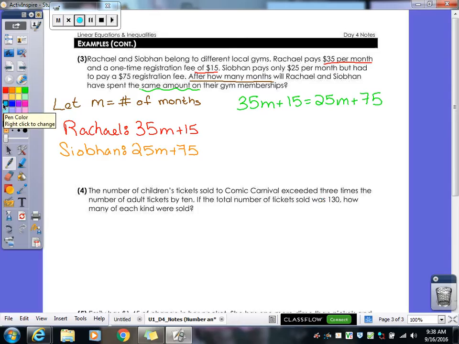So now I got to get my M's together. So 10M plus 15 equals 75. Now we want to get our numbers together.